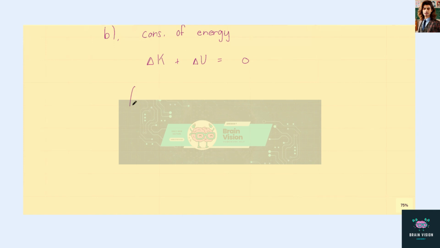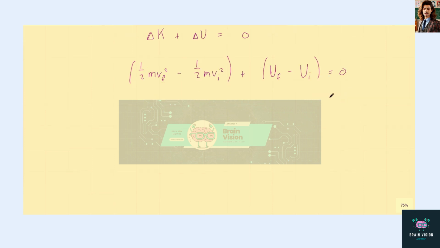Meaning that at the equilibrium point, the kinetic energy of the block, a half m vf squared, where vf is its speed through the equilibrium position, minus its initial kinetic energy, a half m vi squared, plus the change in potential energy, uf through the equilibrium position, minus the initial elastic potential energy ui, is equal to 0.